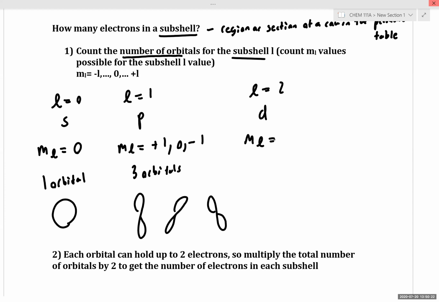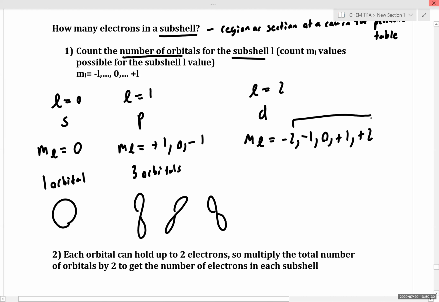So we have -2, -1, 0, +1, and +2. So how many total ml values do we have? How many total unique orbitals? We have 5 unique orbitals. I'm just going to draw out a few of them.